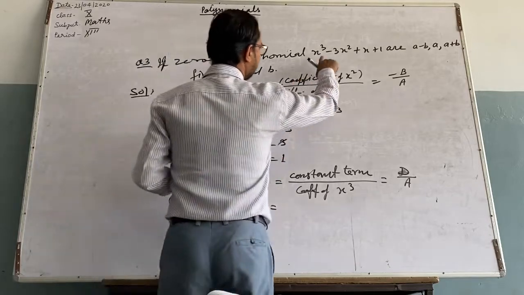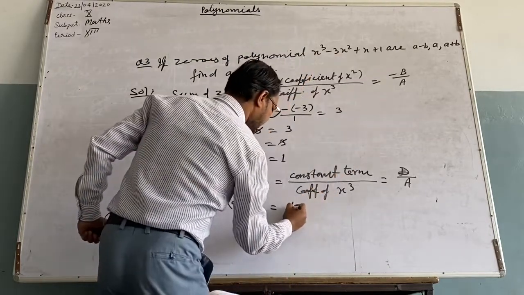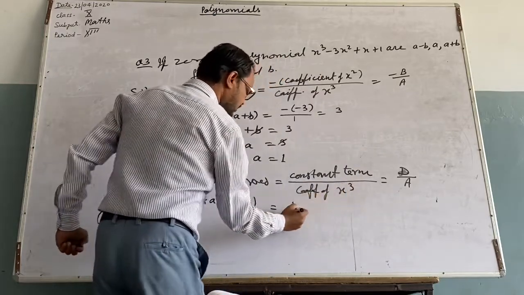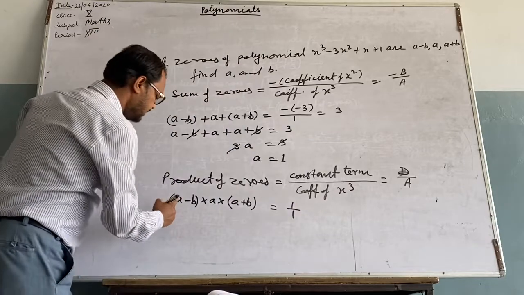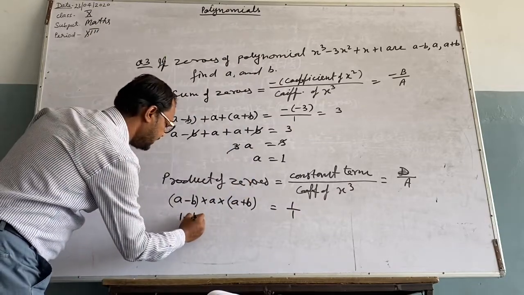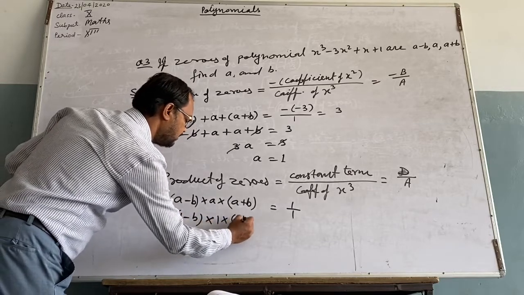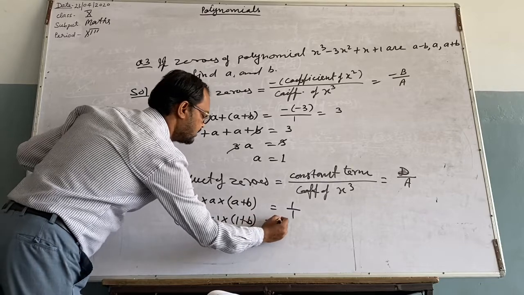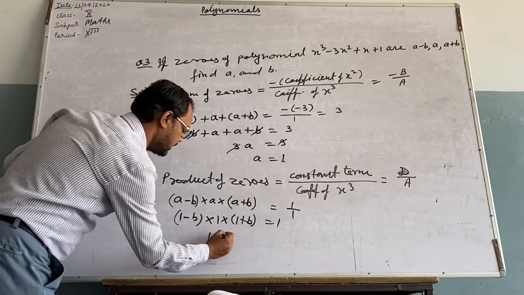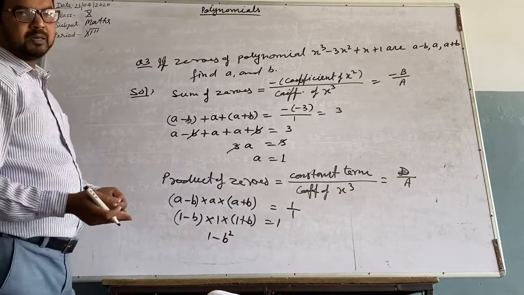D is here A, B, C, D. Constant term D is 1 upon coefficient of x cube, that is also 1. So in this way we can put here the value of A. So this way 1 minus B and 1 plus B. This will give you 1. 1 minus B and 1 plus B gets 1 minus B square. Multiplying by 1 gives the same number.